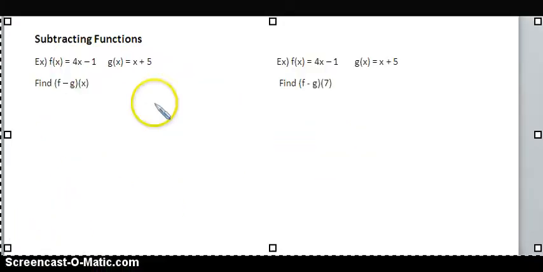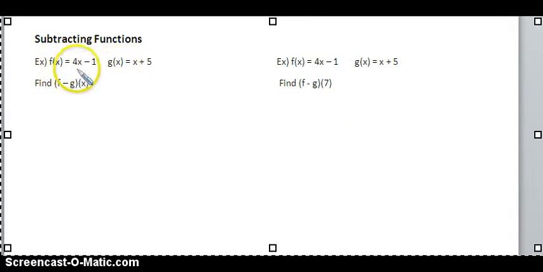Sticking with the same two f and g functions, so 4x minus 1 and x plus 5, now what I want you to do is subtract the two functions. When you are dealing with subtraction, you're going to write down the first function, the f function, and subtract, in parentheses, the second one. The parentheses are important here because they remind me that I have to use the distributive property.